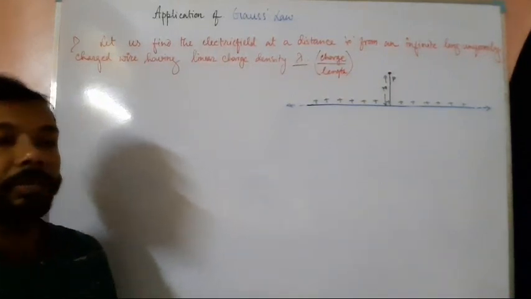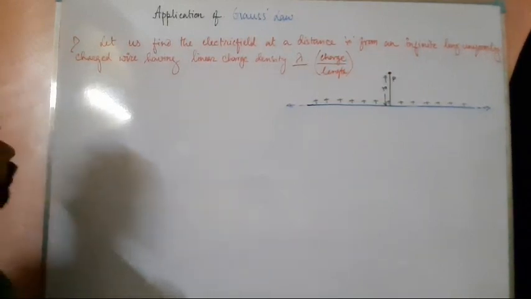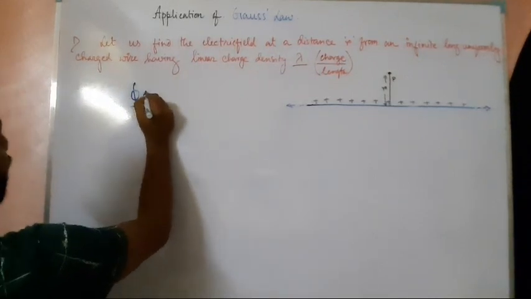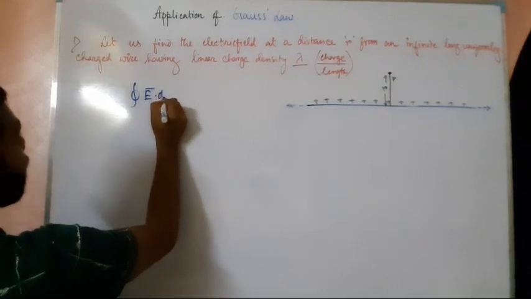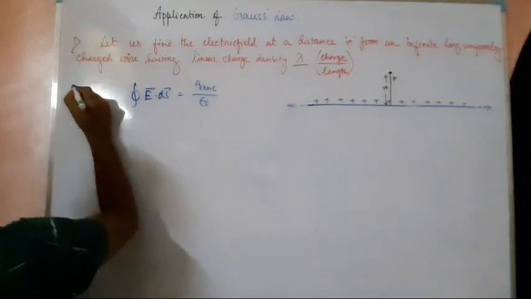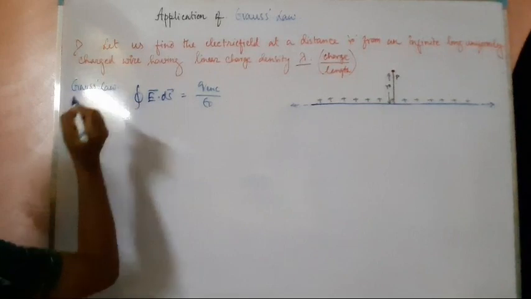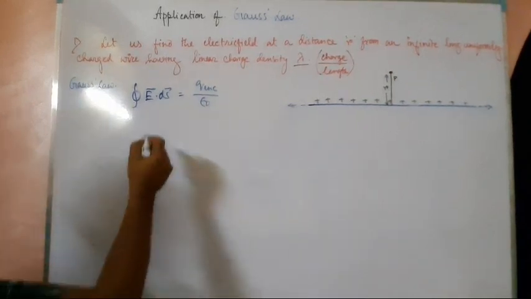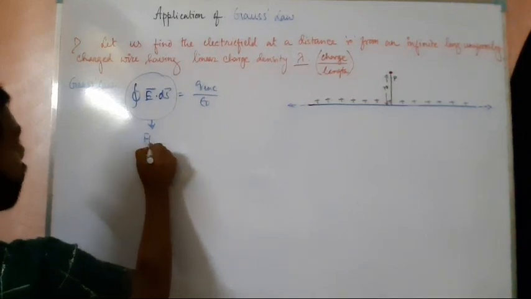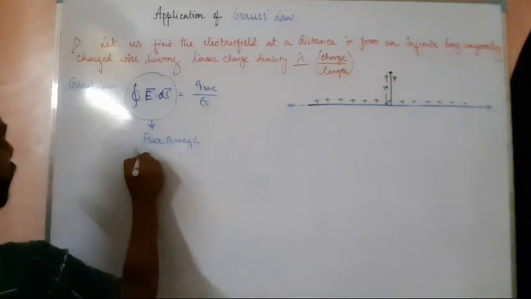Because we need to find the flux, and Gauss's law states E dot ds equals q enclosed by epsilon naught, that is Gauss's law. This is the total flux through the Gaussian surface.